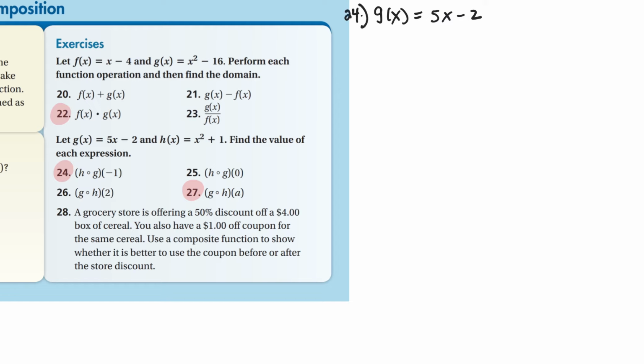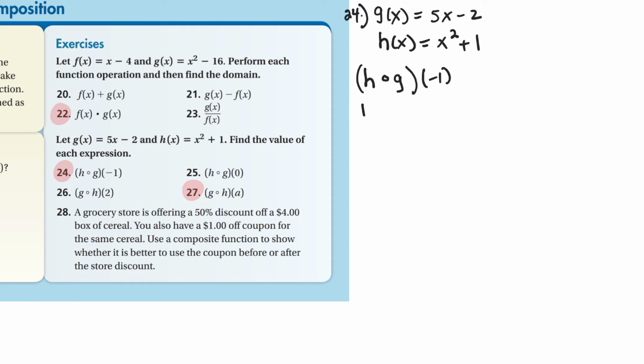So h, we know that h of x is going to be x squared plus 1. So we're looking for this h, and then you have this little circle, g. That means composition. So h of g of negative 1.